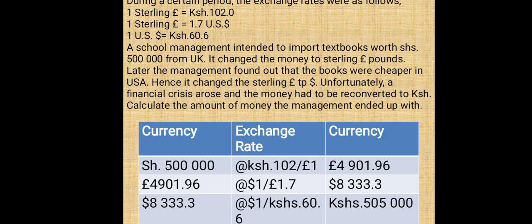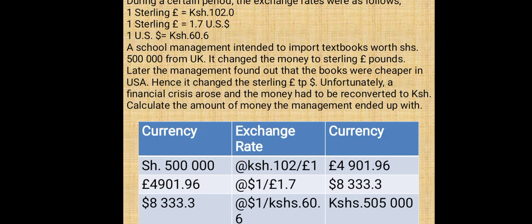It changed the money to sterling pounds. Later, the management found out that the books were cheaper in US. Hence, it changed the sterling pounds to dollars. Unfortunately, a financial crisis arose and the money had to be reconverted to Kenyan shillings. Calculate the amount of money the management ended up with.